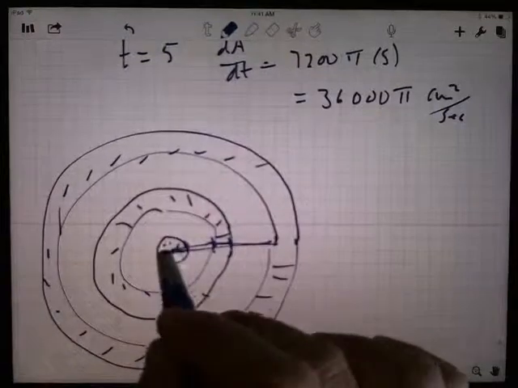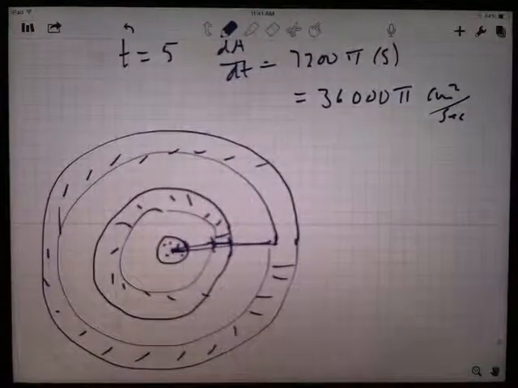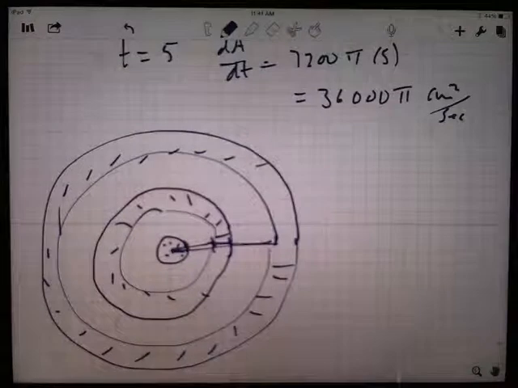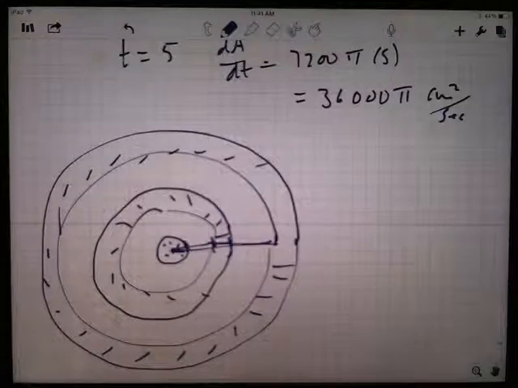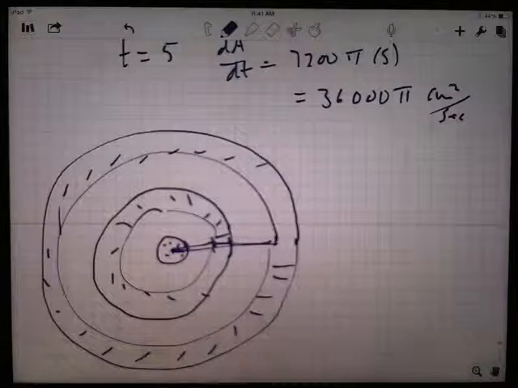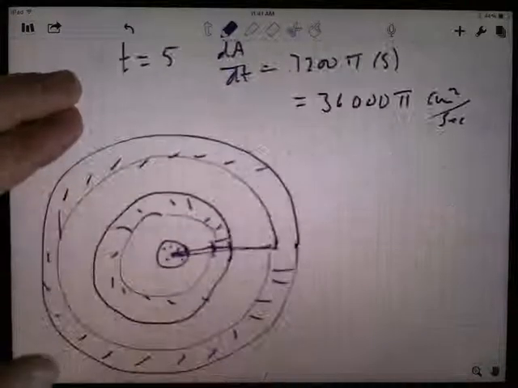And even more so than down in there. So the bigger the radius you start with, the more area you're going to gain in that next second. Okay, so there you go, a rate of change in the area with respect to time.